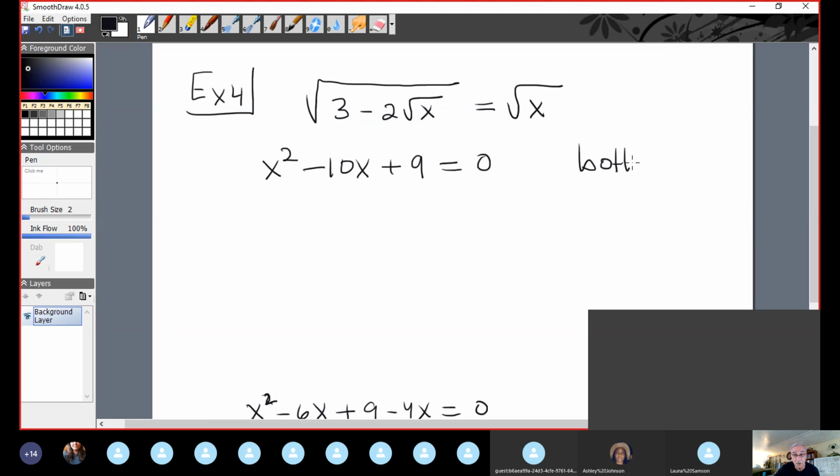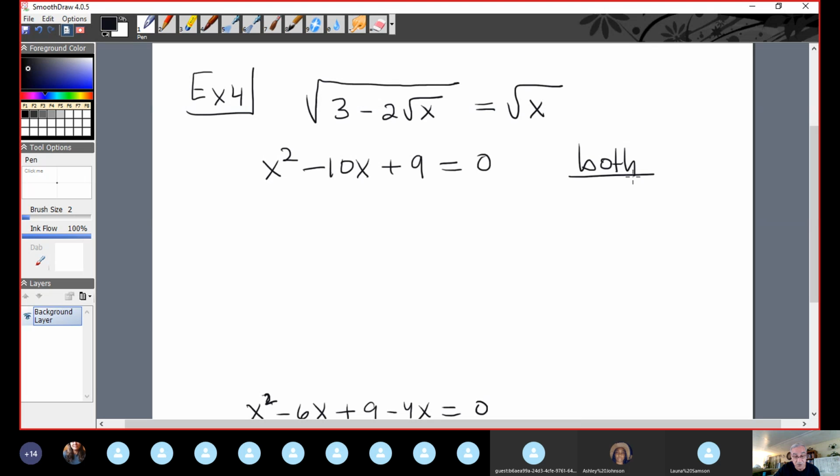Not always is it possible doing both ways. Sometimes it's impossible doing by factorization because the trinomial cannot be factored. But in this case, yes. Okay, don't worry. ABC. So this first one is quadratic.